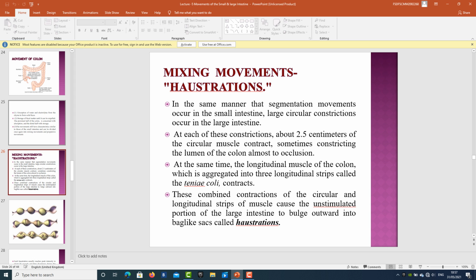At the same time, the longitudinal muscle of the colon, which is aggregated into three longitudinal strips called the teniae coli, contracts. These combined contractions of the circular and longitudinal muscle cause the unstimulated portion of the large gut to bulge outward into bag-like sacs called haustrations.